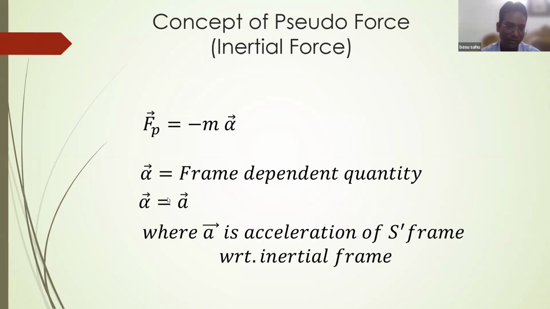This is the meaning of alpha. Always remember, alpha is basically the A vector, the acceleration of the S dash frame with respect to the inertial frame. Then this pseudo force will work.